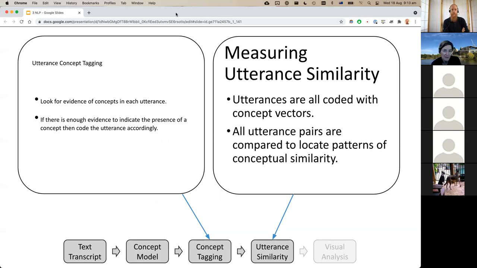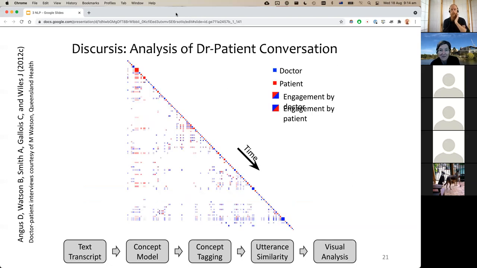If the doctor's talking about a series of concepts that all share similar concept vectors with the patient, then the utterance similarity would be quite high. And if we have n utterances, then we've got n squared similarity measures. Okay, so can we visualize this? That's the next slide.